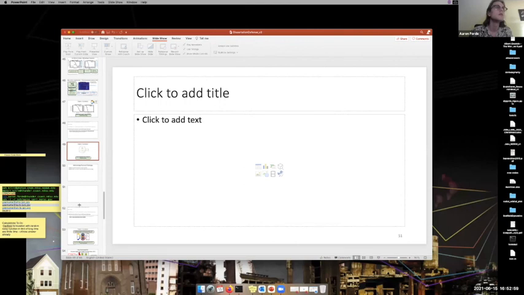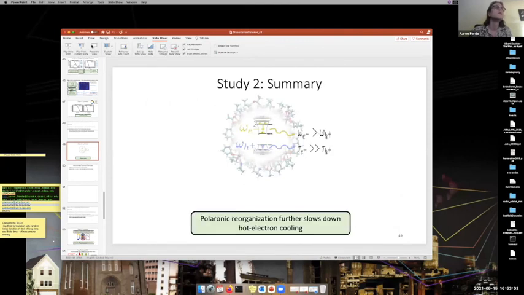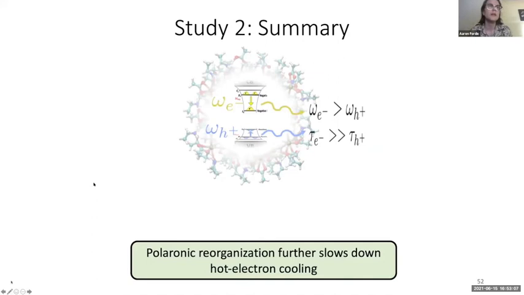I'll put up my summary slide here, so I'll just reiterate the main conclusions from that work. If you did have a hot polaron, it would help to slow down carrier cooling rates. And then we also tried to look for signatures of IR photoluminescence from polarons, but they ended up being very inefficient due to the coupling with the surface chemistry.